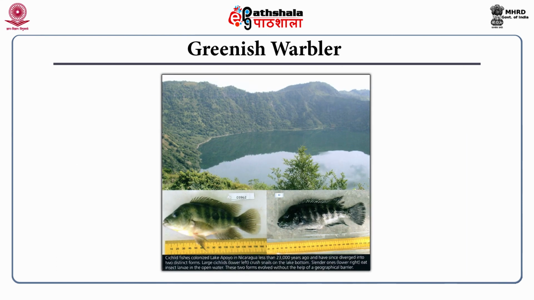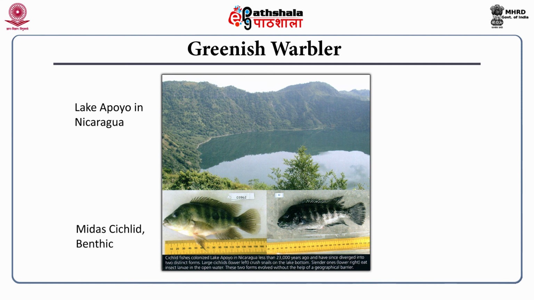One example here is Lake Apoyo in Nicaragua. After a cichlid fish got introduced, they evolved into the pelagic one, in the surface layers, and the benthic one. Because of the different resource utilization, the benthic fish started copulating only with the benthic fish, while the pelagic one copulated only with the pelagic one. After multiple generations, they have evolved into two separate species.